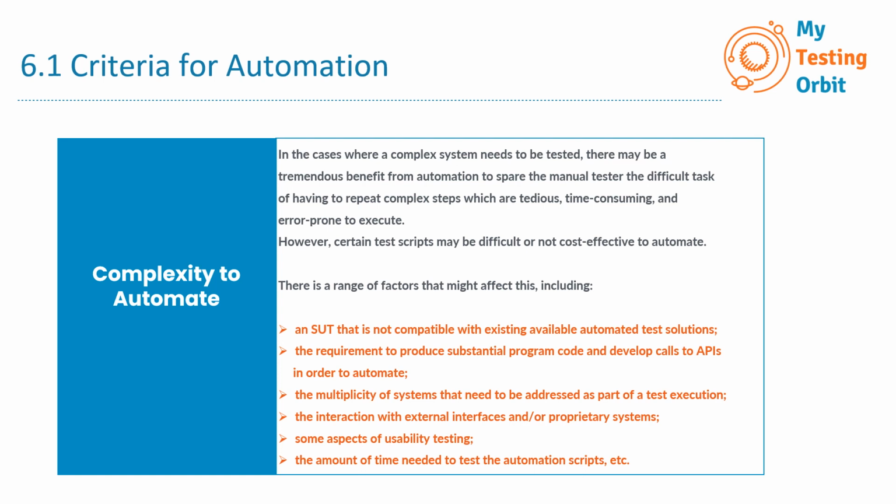Automation scripts need continuous maintenance to adapt to changes in the software, which can consume additional time and effort. To summarize, these factors collectively highlight the complexity of automated testing in various scenarios. They emphasize the need for careful planning, expertise and resources to address these challenges and ensure effective and efficient automated testing processes.